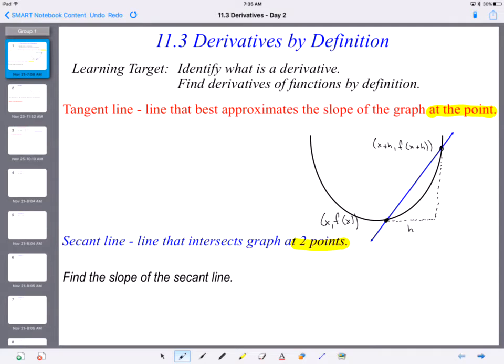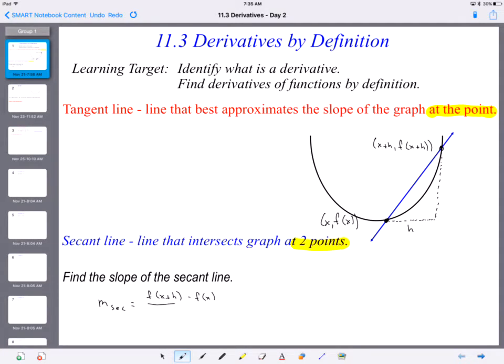So the slope of the secant line is equal to, well, the slope is the change of y to the change of x. So the change of y would be f of x plus h, so I'm taking the top point's y value and I'm subtracting the one on the bottom, which would just be f of x.